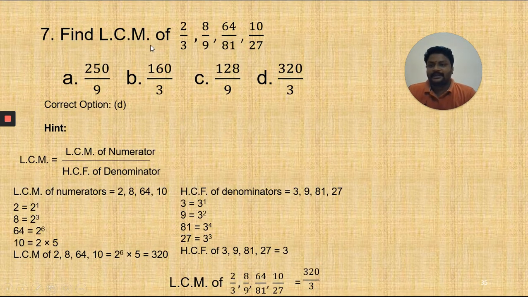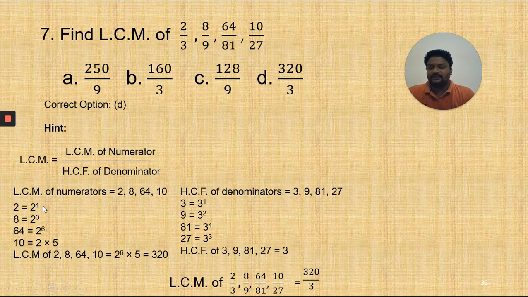Next problem: find the LCM of 2 by 3, 8 by 9, 64 by 81, 10 by 27. Giving four options. How to solve the LCM? Another formula: LCM of fractions is the LCM of numerators divided by the HCF of denominators. So the numerators are 2, 8, 64, 10 and the denominators are 3, 9, 81, 27.